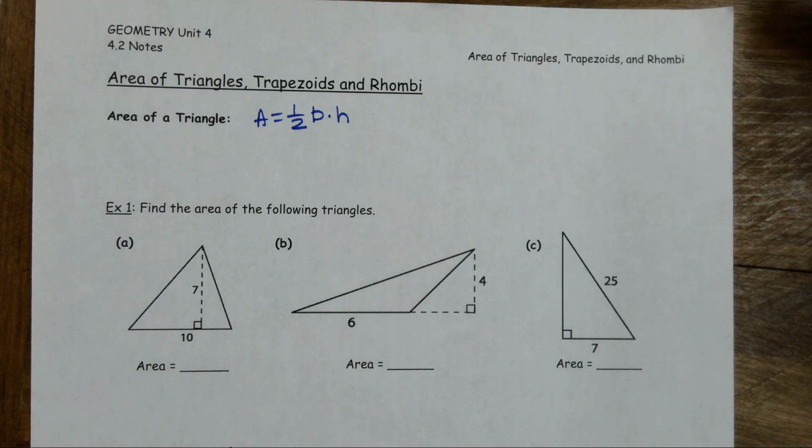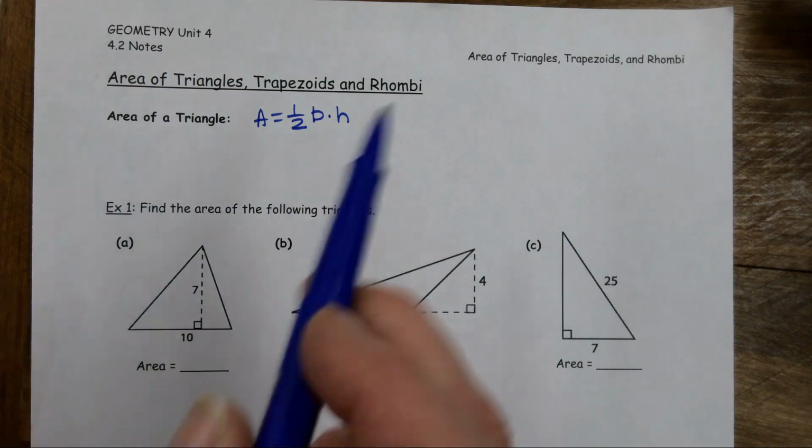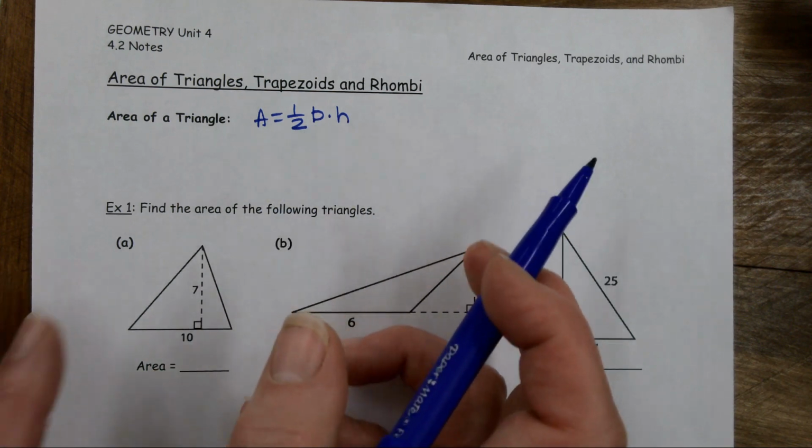Triangles actually have multiple formulas for them. Some of them even use sine that we've talked about before, like it'll use a sine function on your calculator. Some of them use the special properties of special right triangles. But the general form is 1/2 the base times the height.